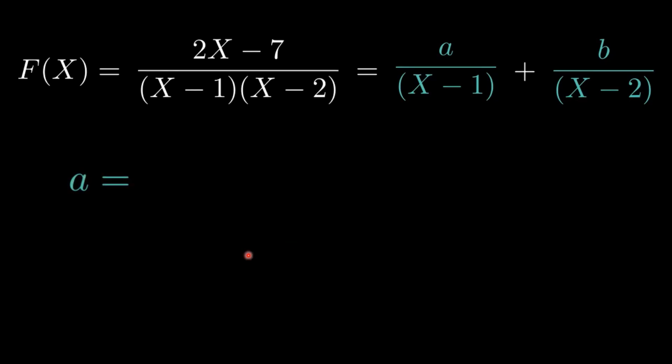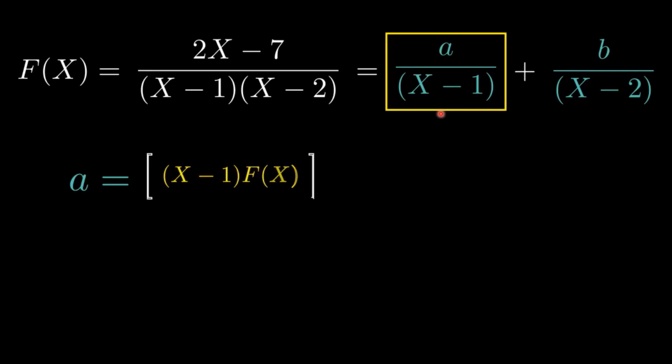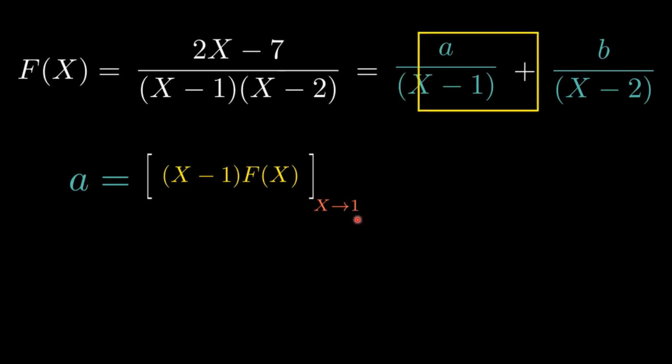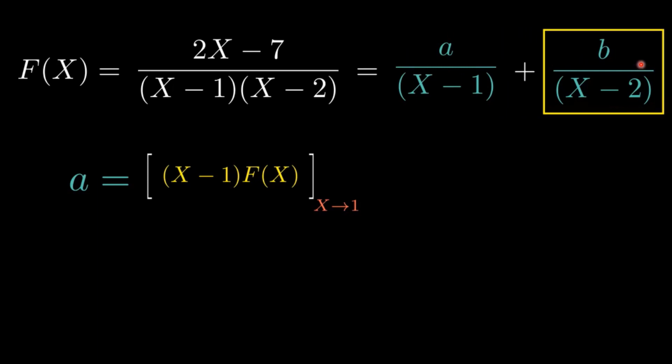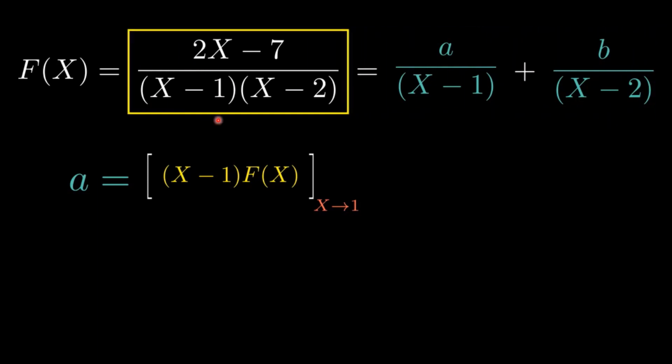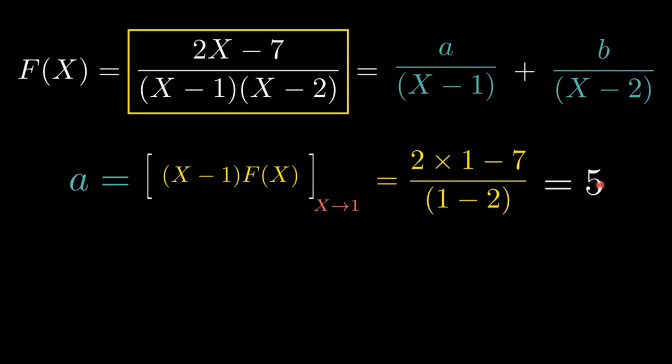For a, we multiply f of x by x minus 1, and we take the limit as x approaches 1, or we take x equals 1. So this quantity will be 0, and we eliminate x minus 1 and replace x by 1. So this gives 2 times 1 minus 7 over 1 minus 2. This gives 5.